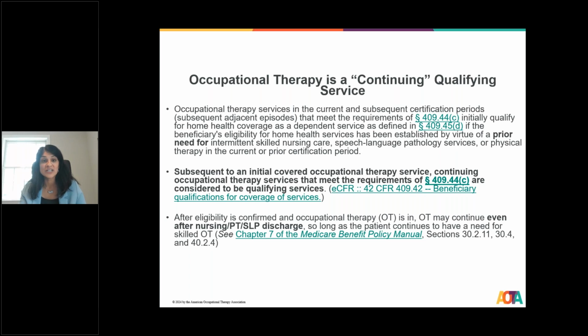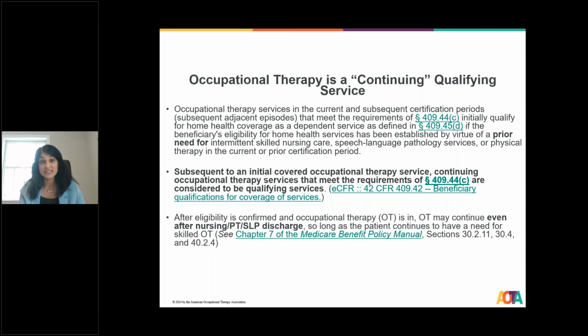Continuing occupational therapy services that meet these requirements are at section 409 and considered to be those qualifying services. This means OT must have a prior referral that includes nursing, speech language pathology or physical therapy, then to be brought in as a continuing service.